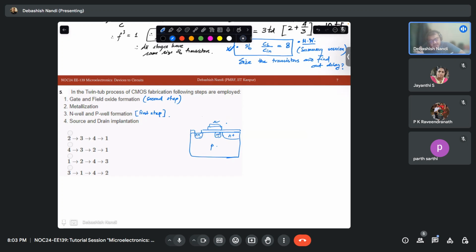Once source and drain doping is done, then you put the metal contacts and then the vias. Okay, so this is your third step, and this is your last step or fourth step, and at last you do the chemical polishing and all. Okay, so this is first, 3 should be first, 3, then 1, then 4, then 2. So this is your right answer.